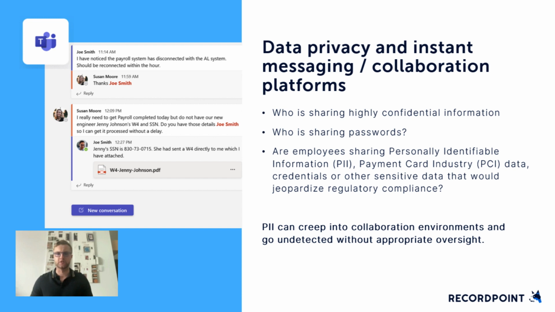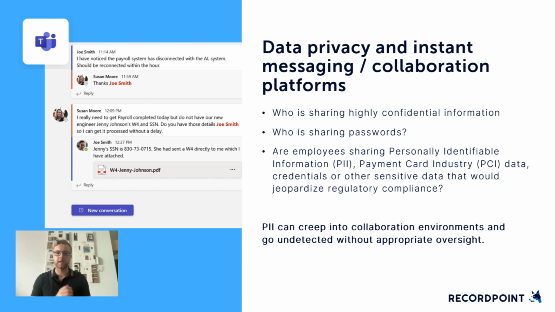For many organizations, privacy in an instant messaging context means understanding who is sharing highly confidential information, who is sharing passwords, and whether employees are sharing things like personal identifiable information, which can also include adjacent information such as payment card industry information, as well as other sensitive data that would jeopardize regulatory compliance, as well as internal privacy frameworks.